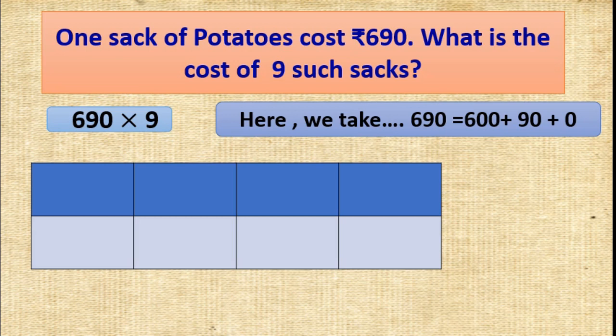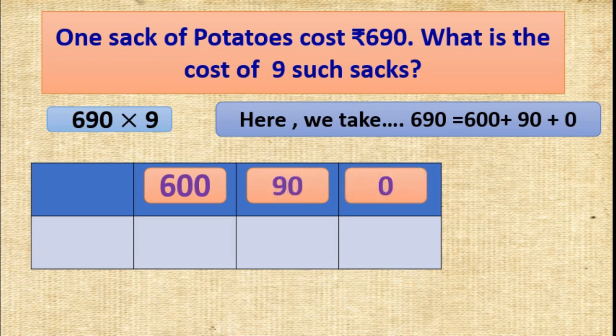That is 600 plus 90 plus 0, because unit place has 0. Now we will write here 600, here 90 and here 0. And we are going to multiply these three numbers by 9, because 9 sacks are there, isn't it?